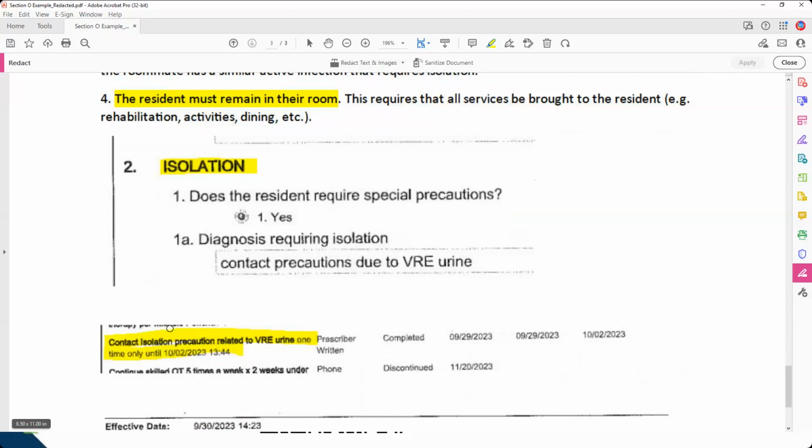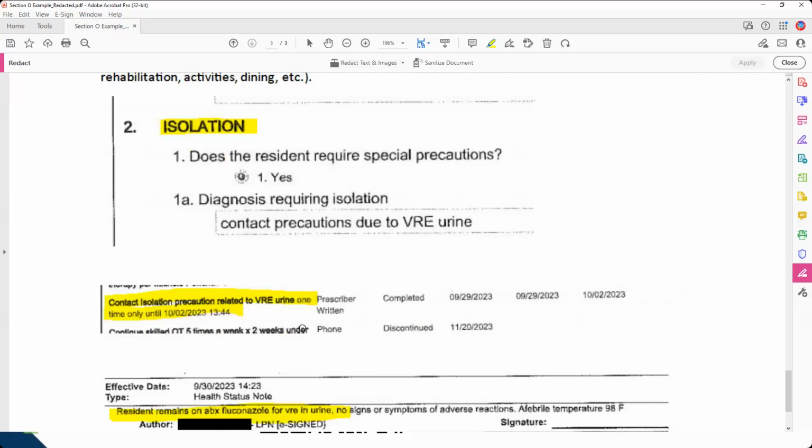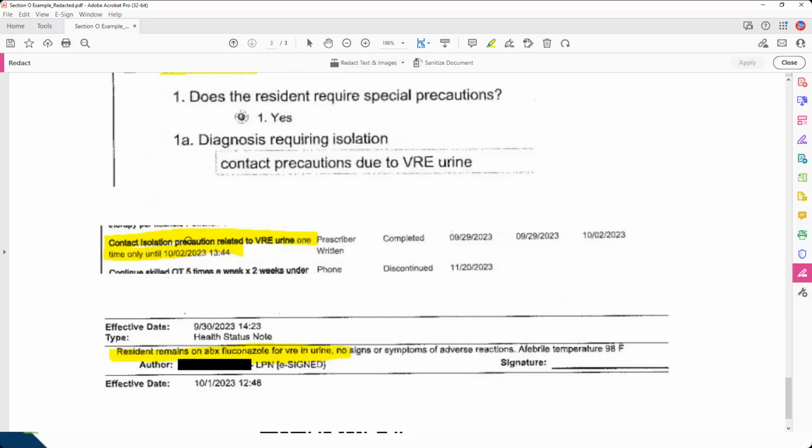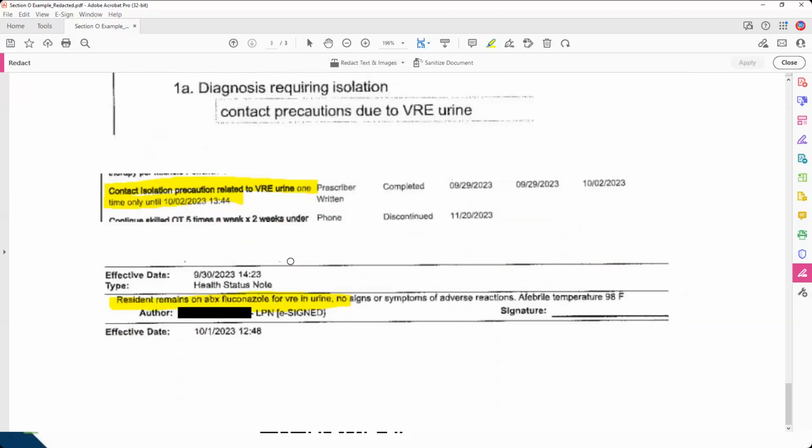And then we had information about contact isolation precautions regarding the VRE in the urine, one time only until 10/2 of 23, which brought us into the SNF stay. The patient was on antibiotics for the VRE in the urine.